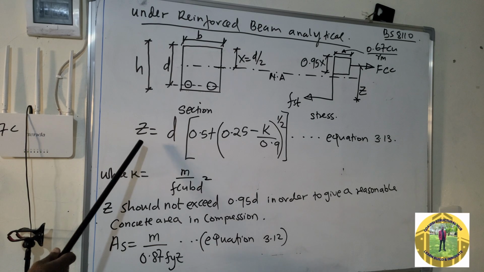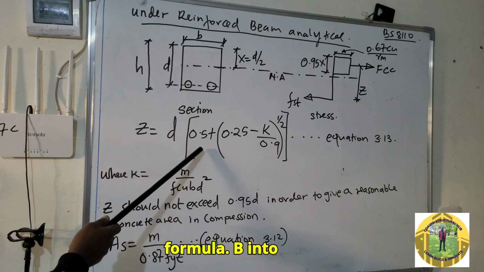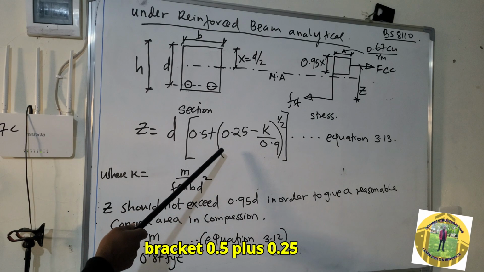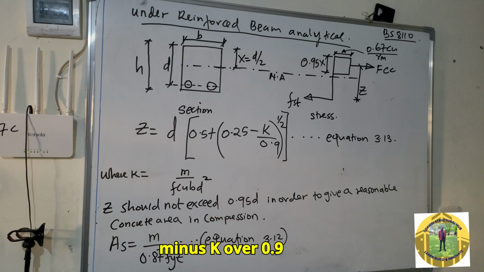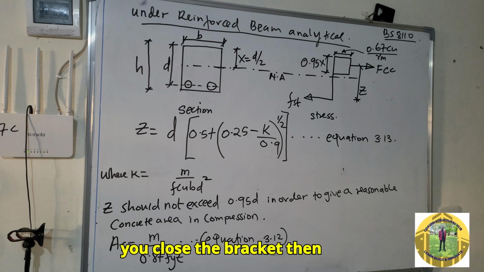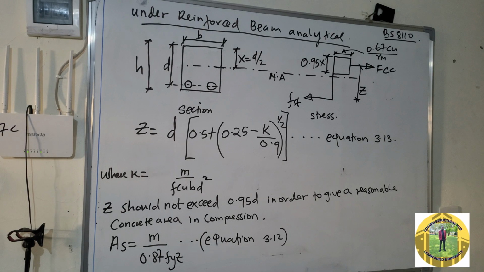z, which is the lever arm, is given by this formula: z = d[0.5 + (0.25 - K/0.9)^0.5]. You close the bracket, then you raise it to a half.